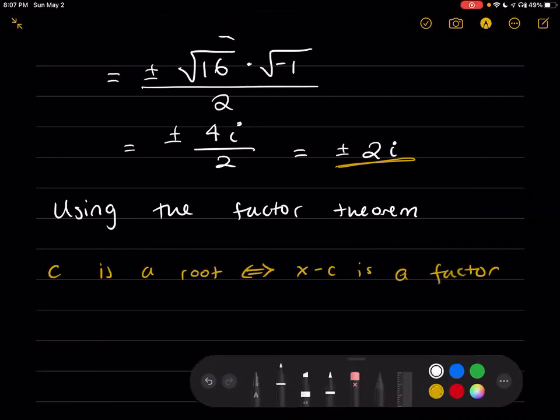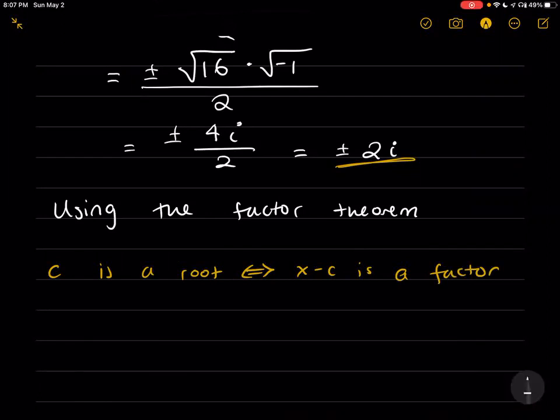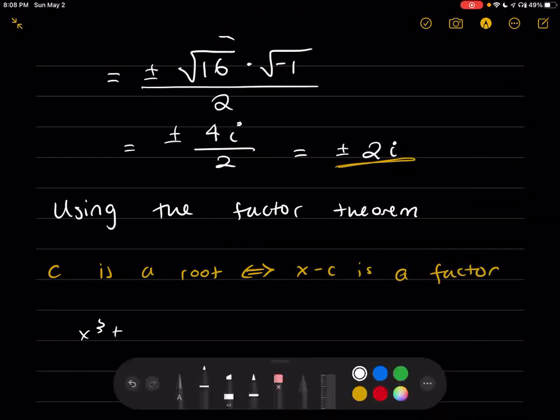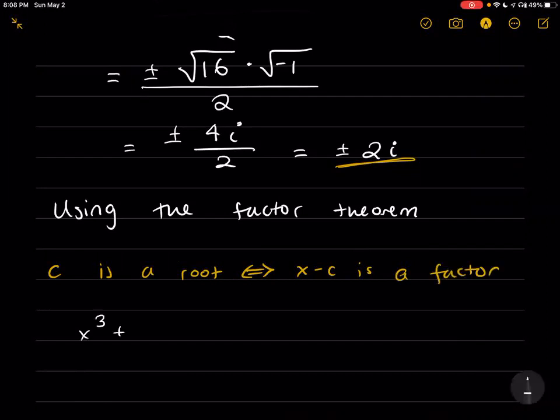So what we can do is we had x cubed plus 2x squared plus 4x plus 8.